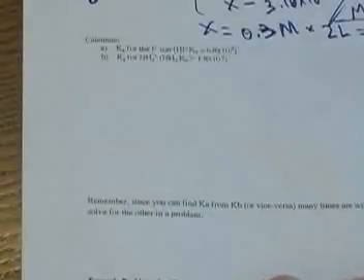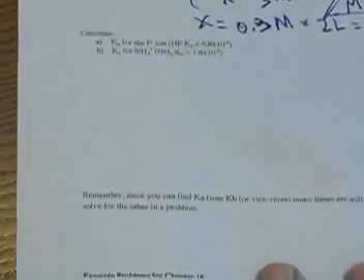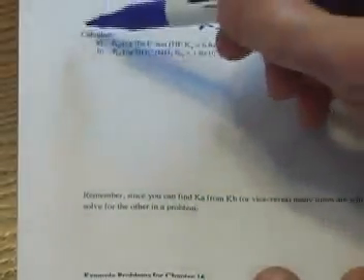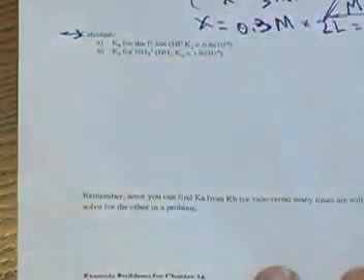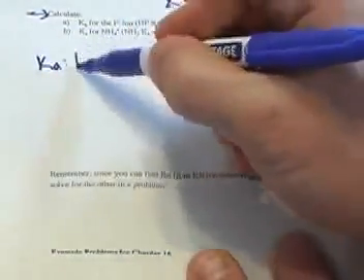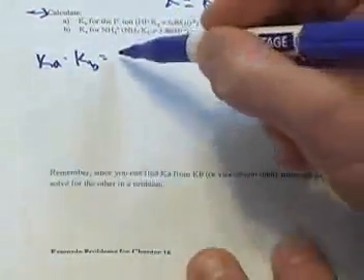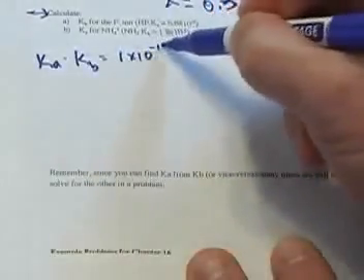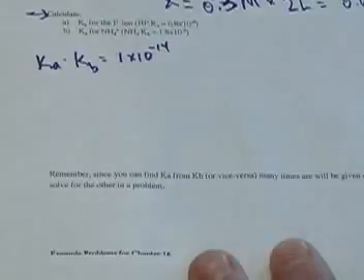Lastly, in this video cast, we're going to take a look at a relationship between the Kas and the Kbs. And we learned way back when, a couple of video casts ago, that Ka times Kb was equal to 1 times 10 to the negative 14th for dilute aqueous solutions like we're working with in acids and bases here.